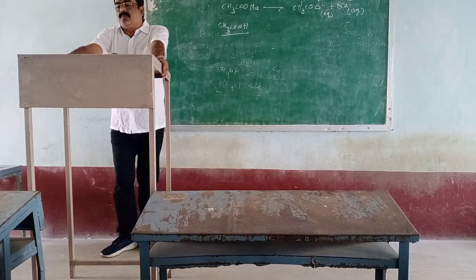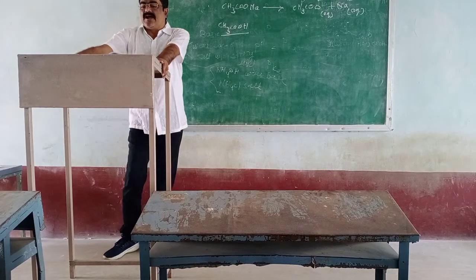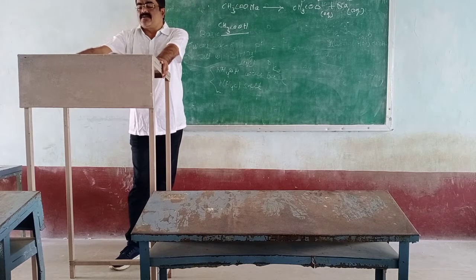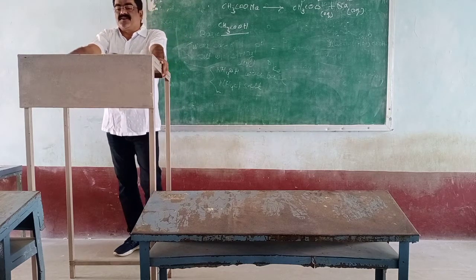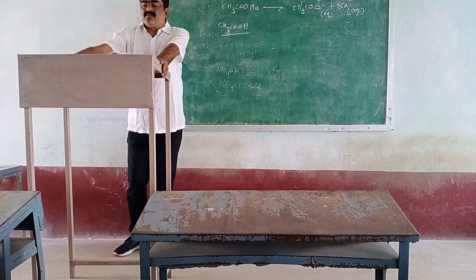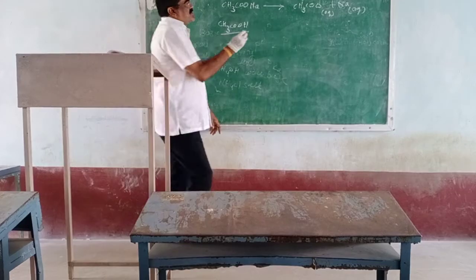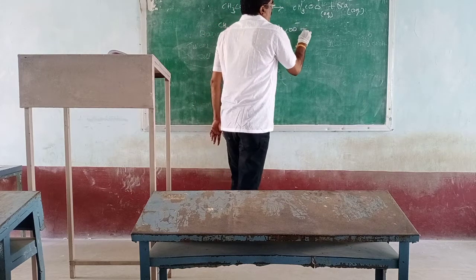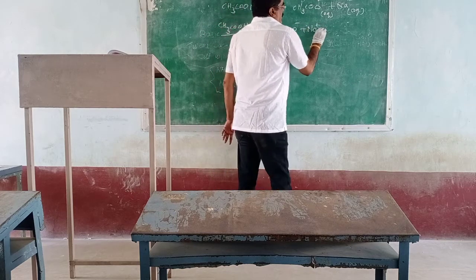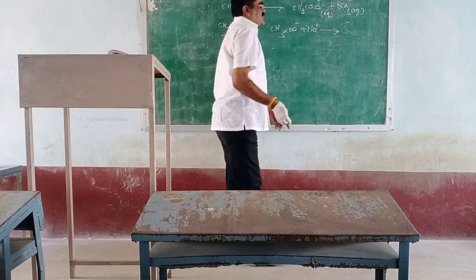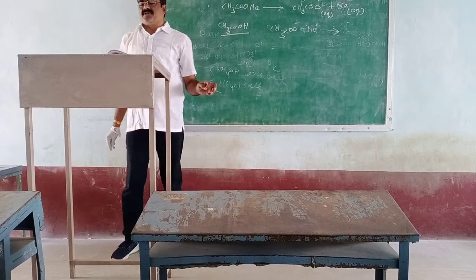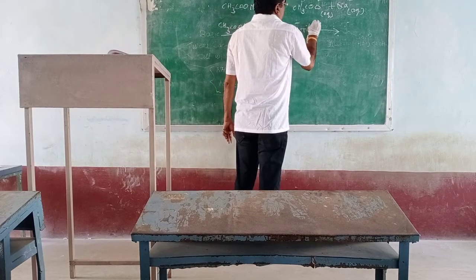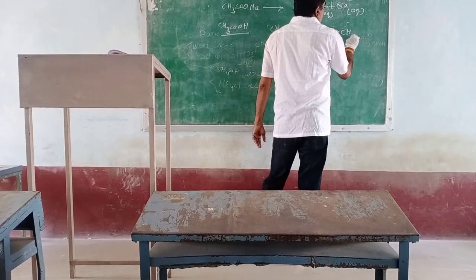Similarly, if a small amount of base is added, the OH minus ions will be neutralized by the large concentration of acetic acid, and the reaction will be formed as this: CH3COO minus plus Na plus. When the large concentration of this acid is added, it forms the weak acid, that is CH3COOH.